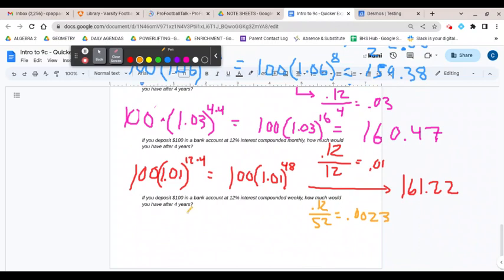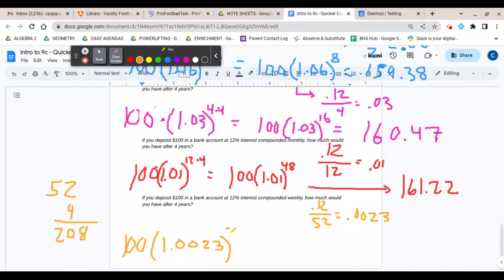Okay. However, we're going to raise that to a much bigger power. So we're going to have 100 times 1.0023. Okay. There's 52 weeks in a year. And if we're going for 4 years, that's going to be 208 total times that we get paid interest.